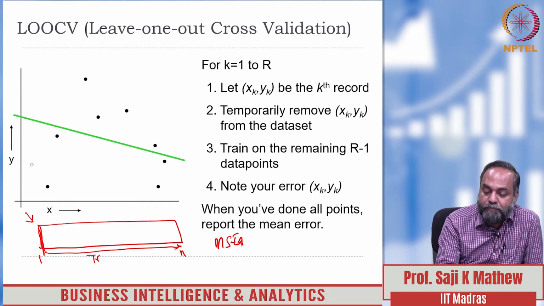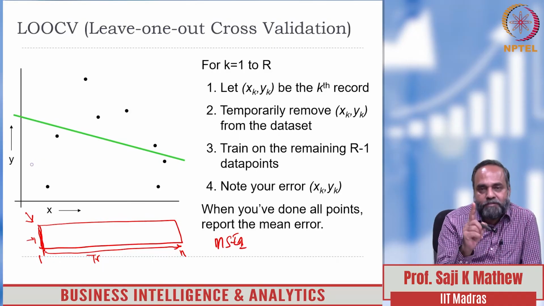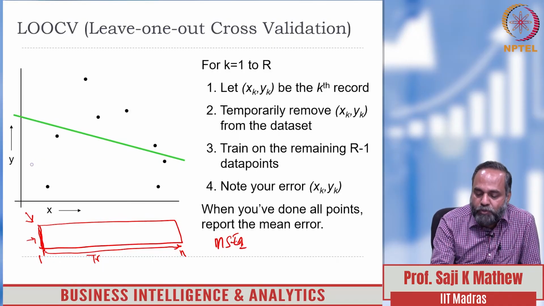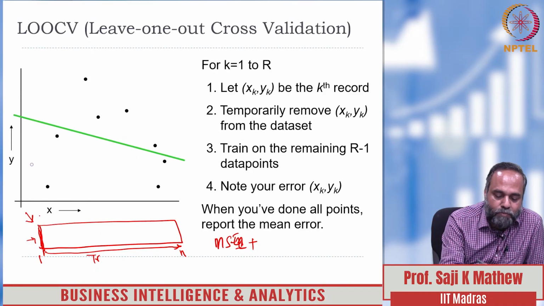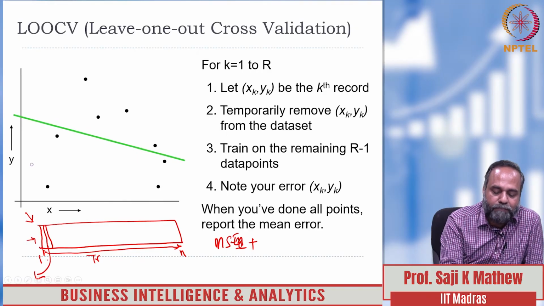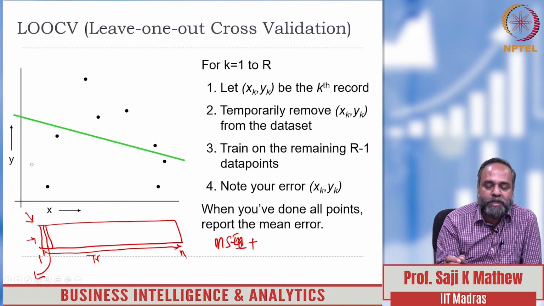How do you get the MSE? You test the model using just one data point, the first data point you left out, and you get MSE 1. Now you put this first data point back, leave out the second data point, and build the model using the first and the third to n. Again you have n-1 data points.